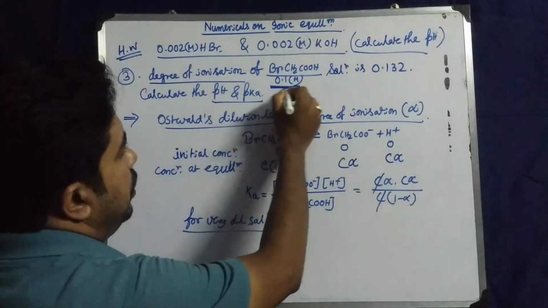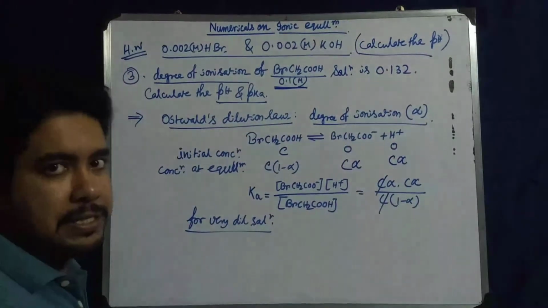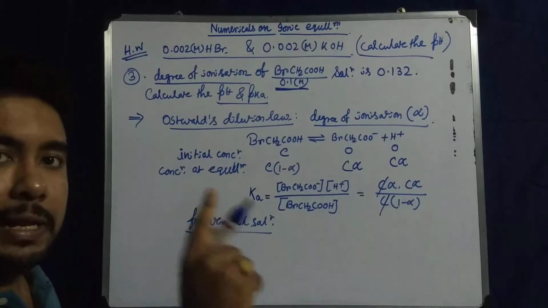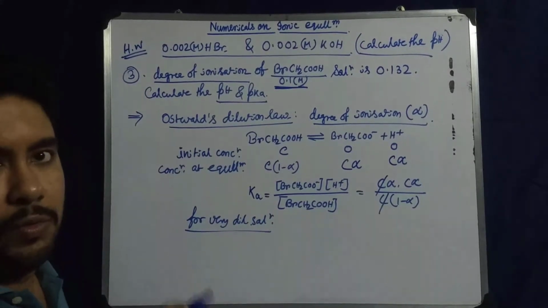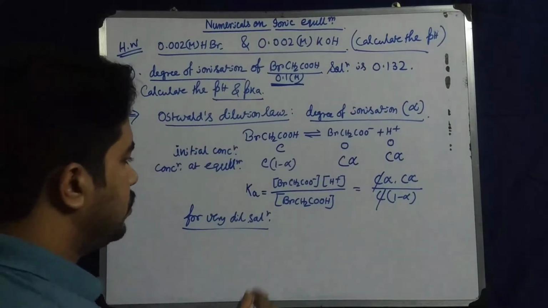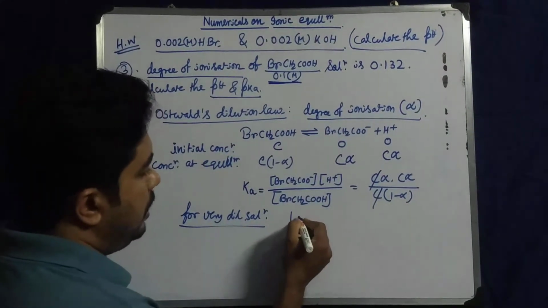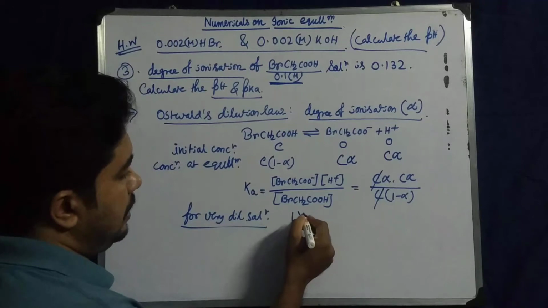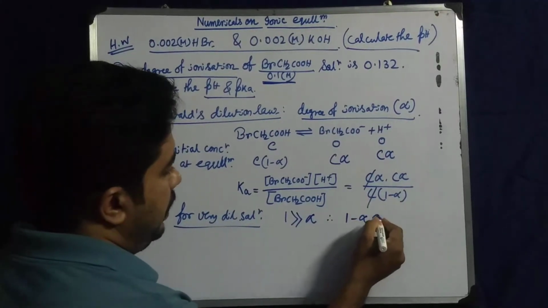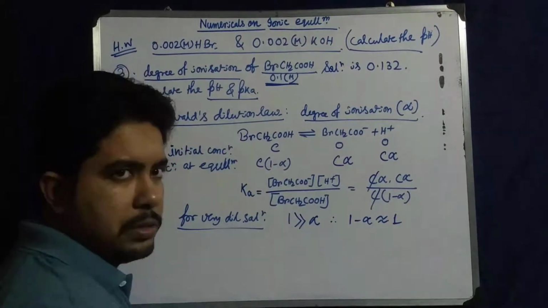How much is it given? 0.1 molar. That reflects that it is a very dilute solution. 0.1 molar means 1/10 of 1 molar. That is a very dilute solution. So therefore 1 is greater than alpha, therefore 1 minus alpha is nearly 1.